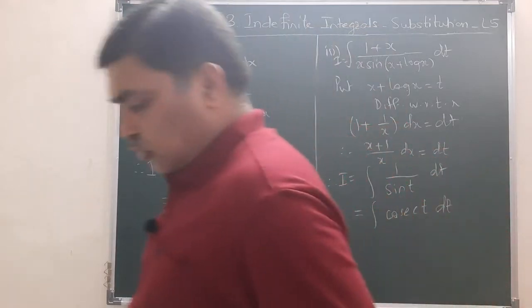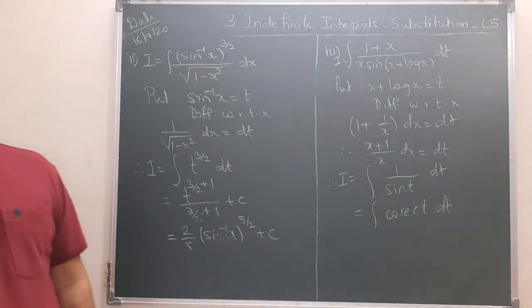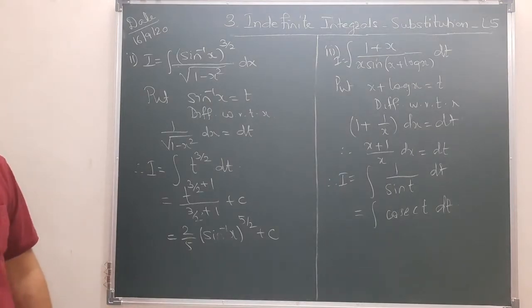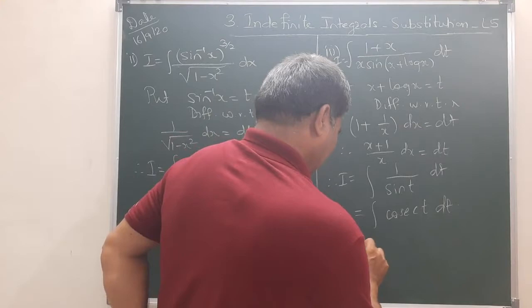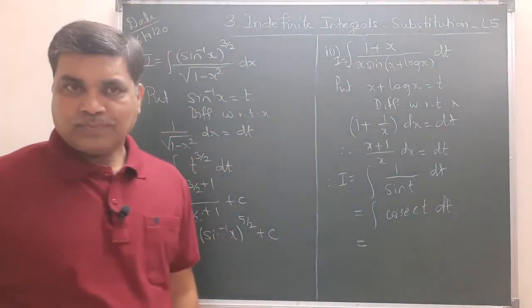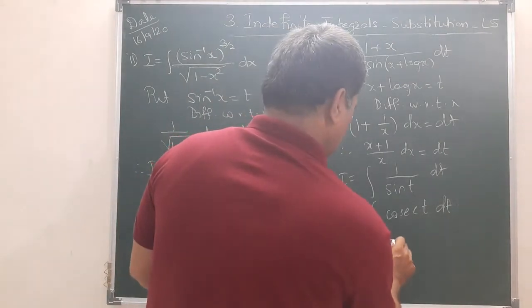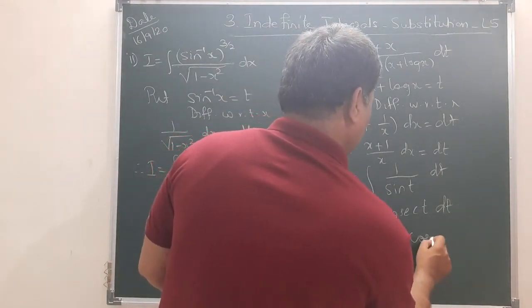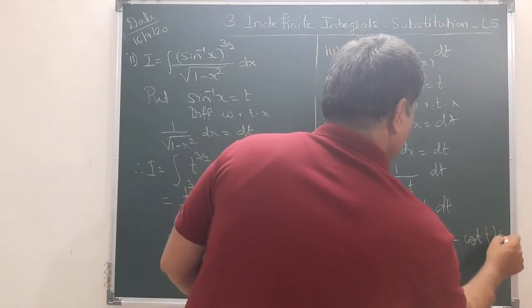What is the integral of cosec? It is log of mod of cosec t minus cot t plus c.